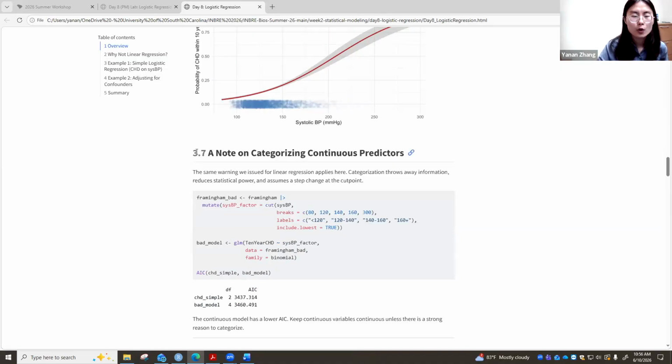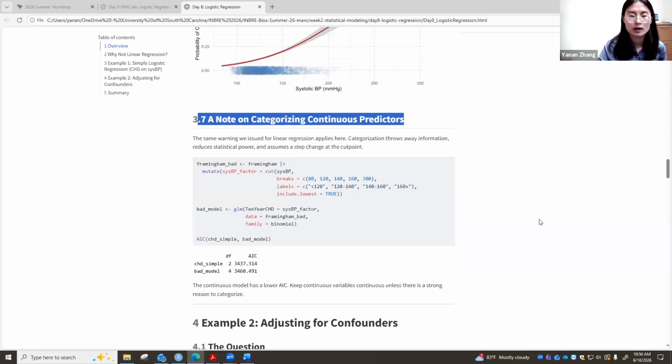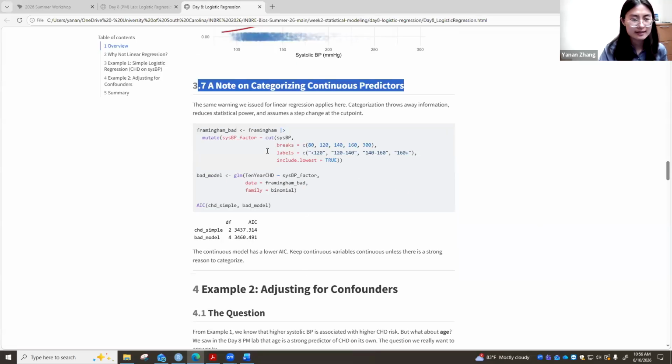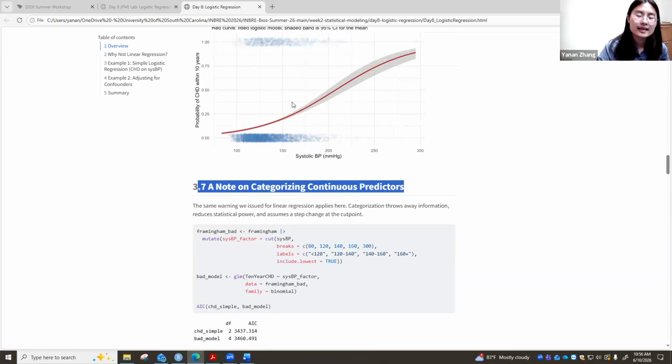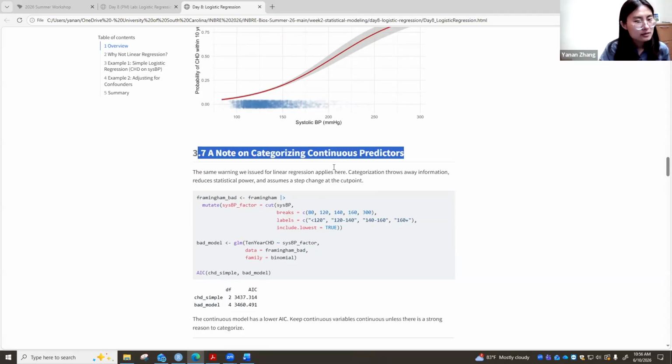So one more note I want to talk about here, which actually Dr. McLean has already mentioned before: in this case, we treat systolic blood pressure as a continuous variable, but sometimes researchers want to break those continuous variables into groups.